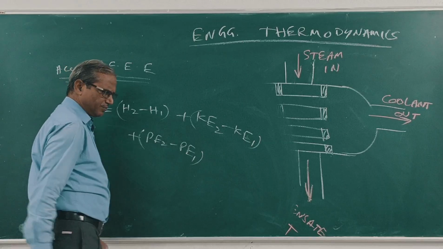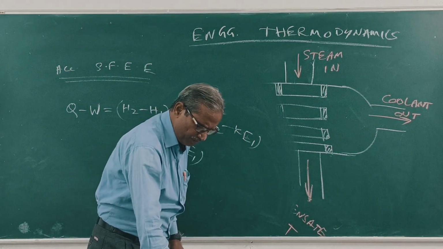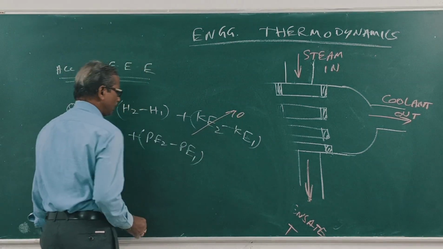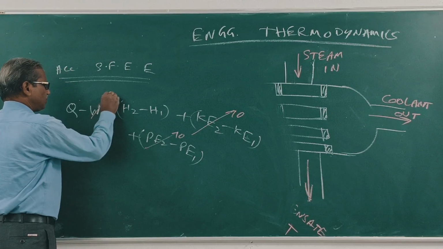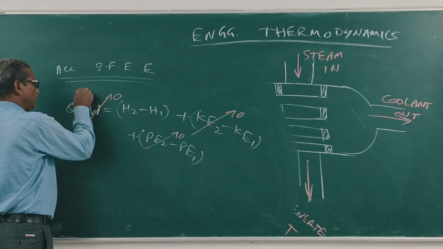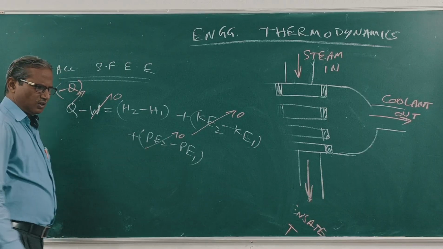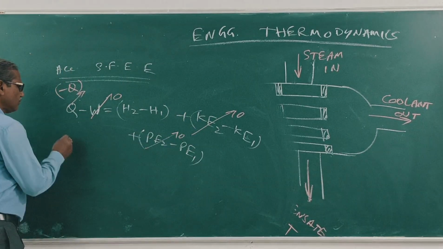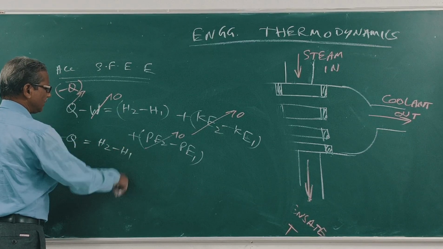Here K2 minus K1 is 0, P2 minus P1 is 0, W is 0, and Q becomes minus Q. So minus Q is equal to H2 minus H1.